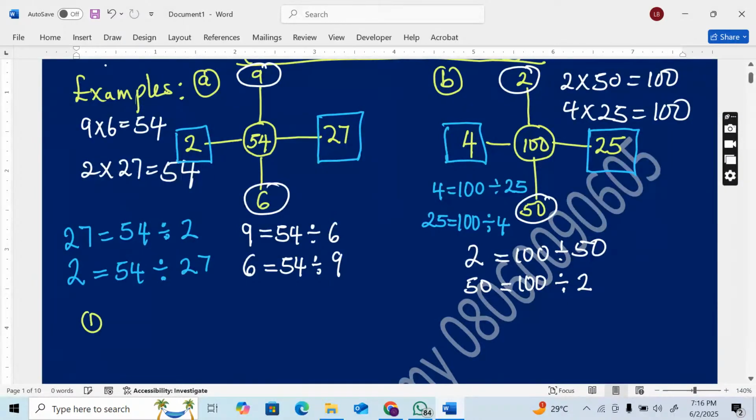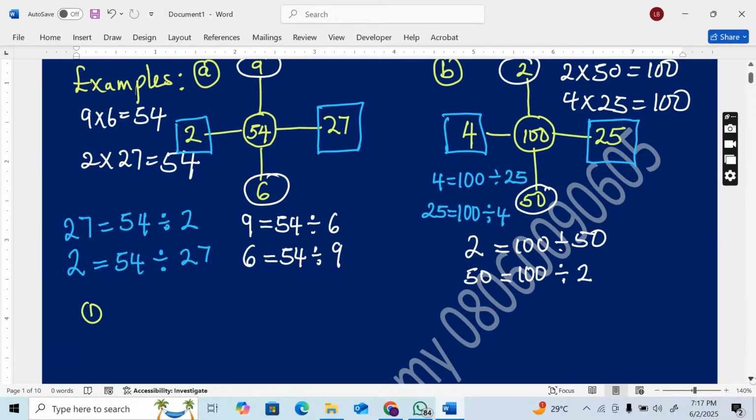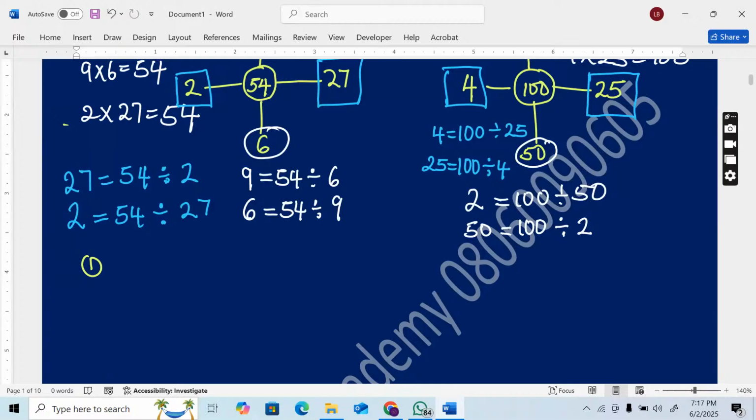Number 1. At Learning Base Academy, in our class, we write. So you have to write when attending our classes. So that's for number 1.